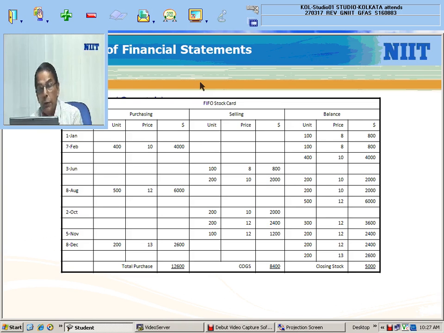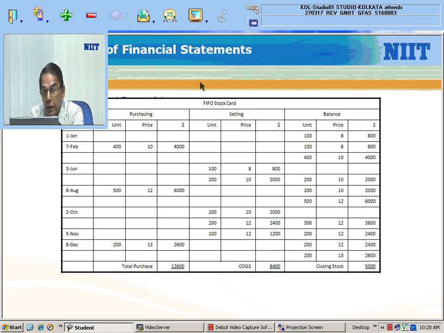So the total 400 units sold on 2nd of October will be considered 200 units from the 7th February purchase and 200 units from the 8th August purchase. So 10 rupees and 12 rupees.